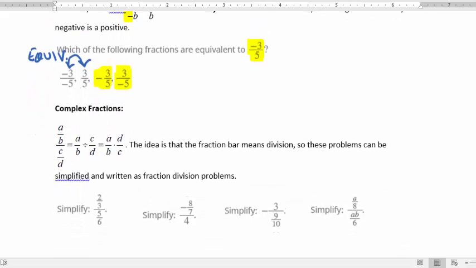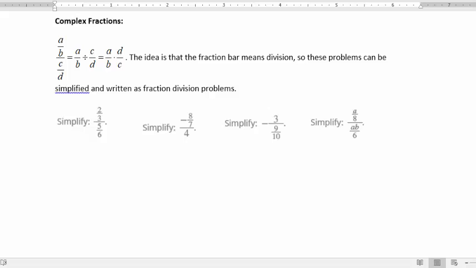So complex fractions, we had done simple ones of these when we did the division of fractions, because remember, the idea with a complex fraction is that the fraction bar in the middle really just means divide.